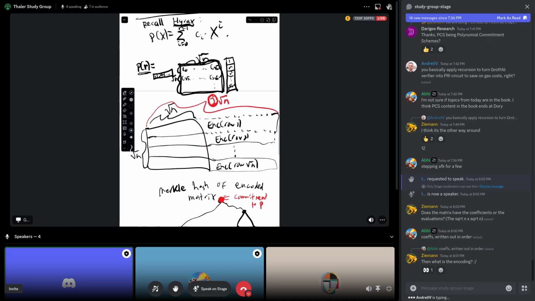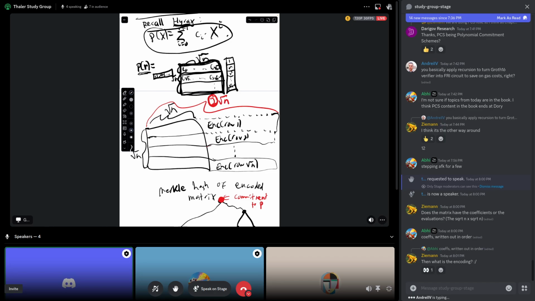It's a little confusing: this matrix gives you the coefficients of a univariate polynomial of degree n, but the Reed-Solomon encoding is happening row by row, so as far as the encoding is concerned, each row is its own polynomial, of degree root n rather than n. Yeah, that's right.